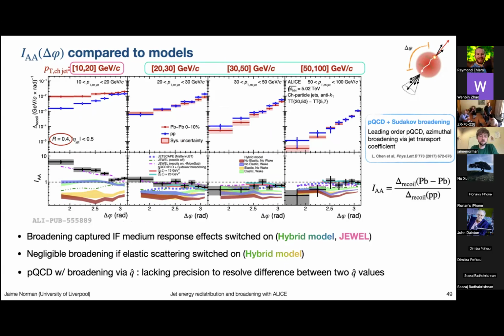10%? Are you sure? Well, it depends which bin you say. Take the PP as the vacuum. I'm looking at AA. Jamie, I'm looking at the upper left. I'm pointing to the PP and the upper left one. It goes from 10 to the minus 2 to 10 to the minus 3 roughly. So it's an order of magnitude. I know, but the AA is not. We see it big. So that's what I mean.